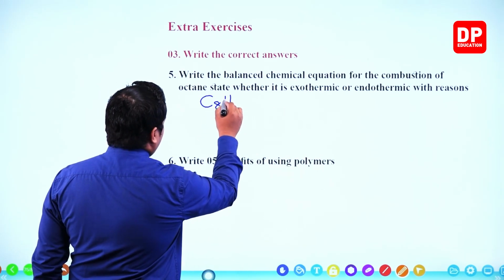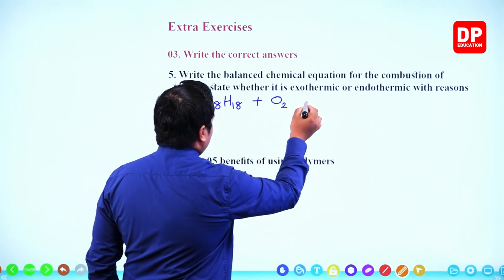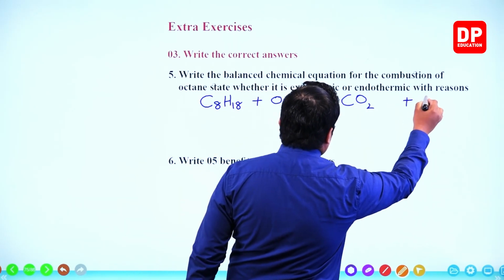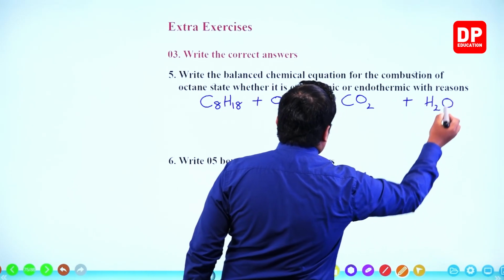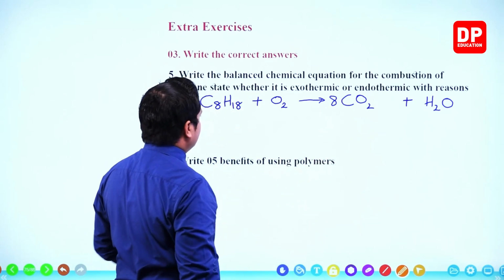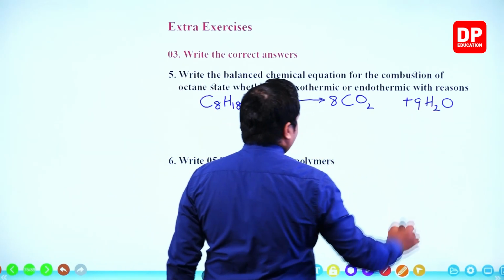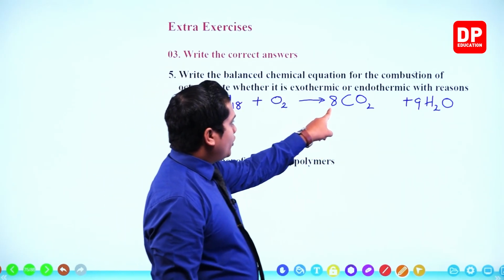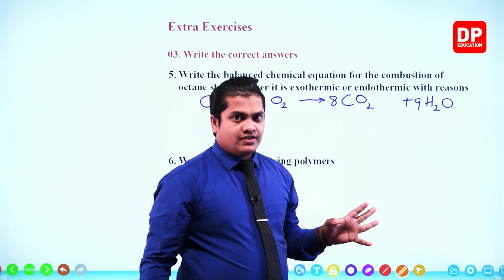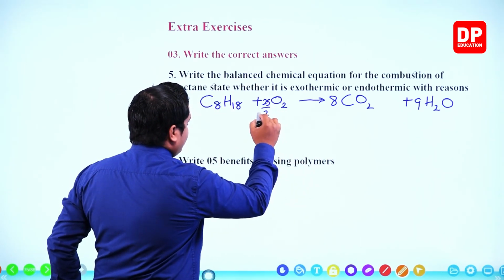C8H18, oxygen gas, CO2, H2O. Now let's balance. 8 carbon, 8 to here. Here 18 hydrogen, then 9 to here. So 16, 9, 25 means you have to put here 25 over 2 so that it would cancel.